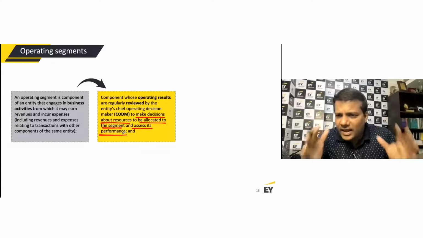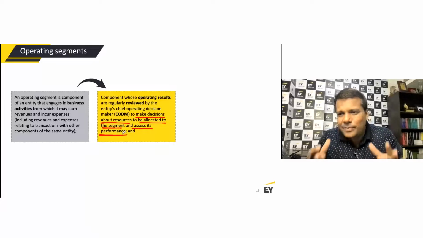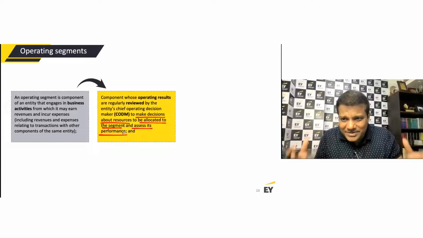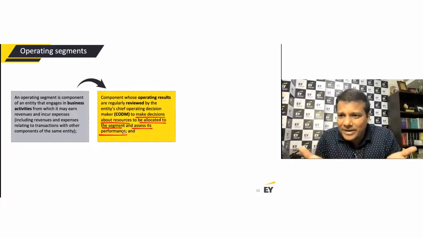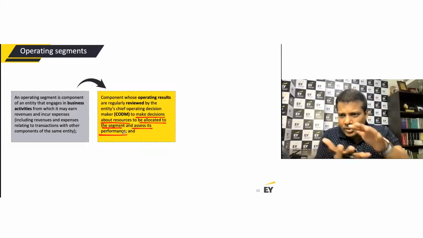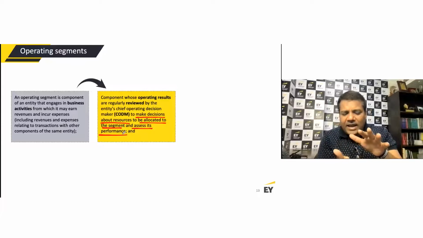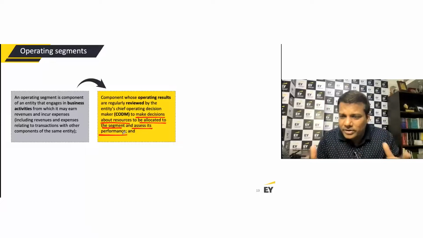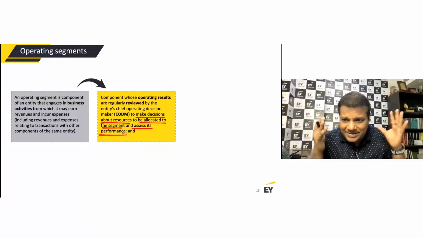Again, resource allocation and performance evaluation. How do you do resource allocation and performance evaluation? If you have information available about that business. And if the information is available, the one who is supposed to review that information is the CODM.